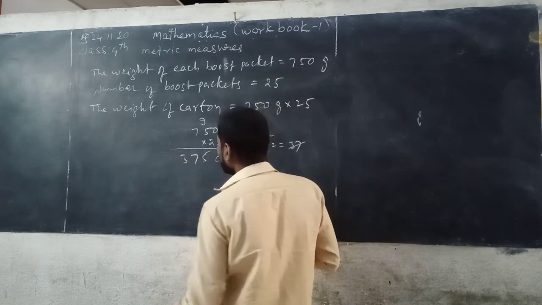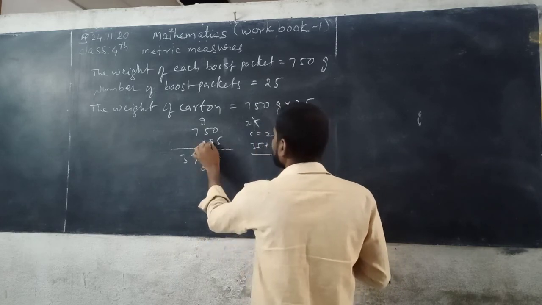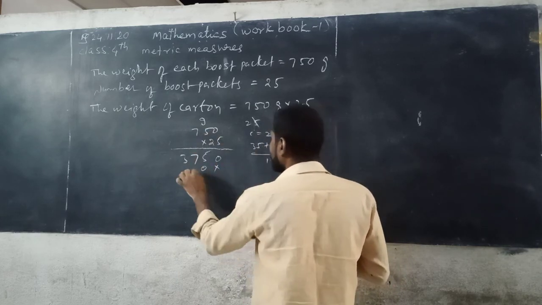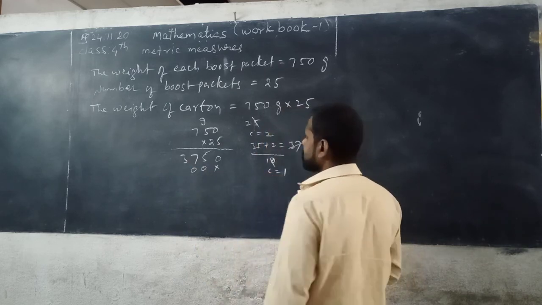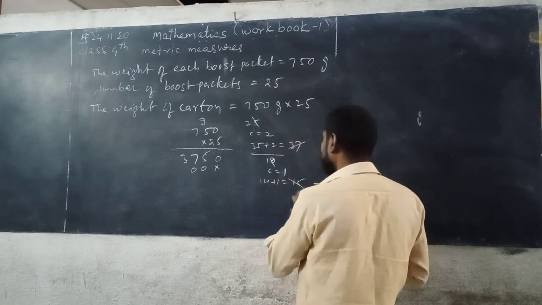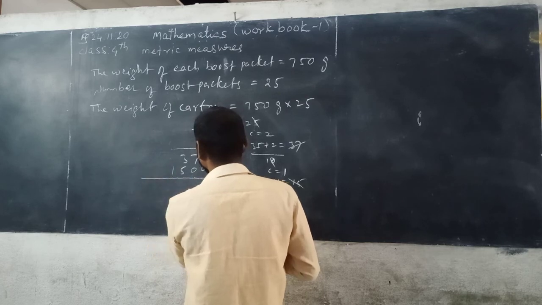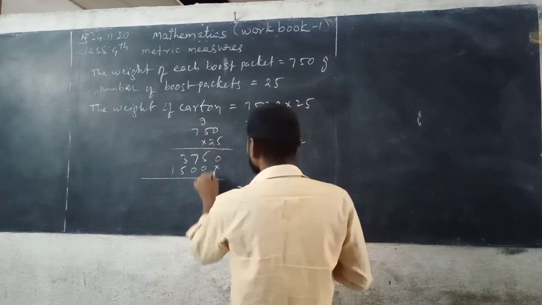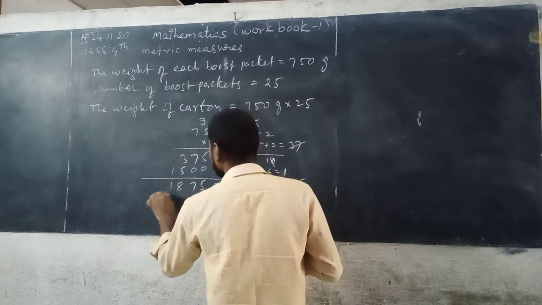Write down total. Now cut the ones place. 2 fives are 10, write 0 below, carrying 1. 2 sevens are 14, 14 plus 1, you can get 15. Now add it: 0, 5, 7, 3 plus 5, 8, 1.